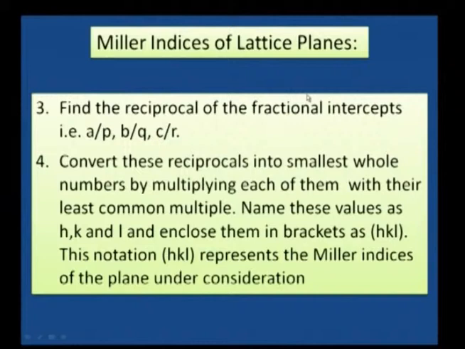Find the reciprocal of the fractional intercepts, that is A by P, B by Q and C by R. Convert these reciprocals into the smallest set of integers. Name these values as HKL. In general, without any comma, you write HKL. HKL refers to the Miller indices. This notation HKL represents the Miller indices of the plane under consideration.